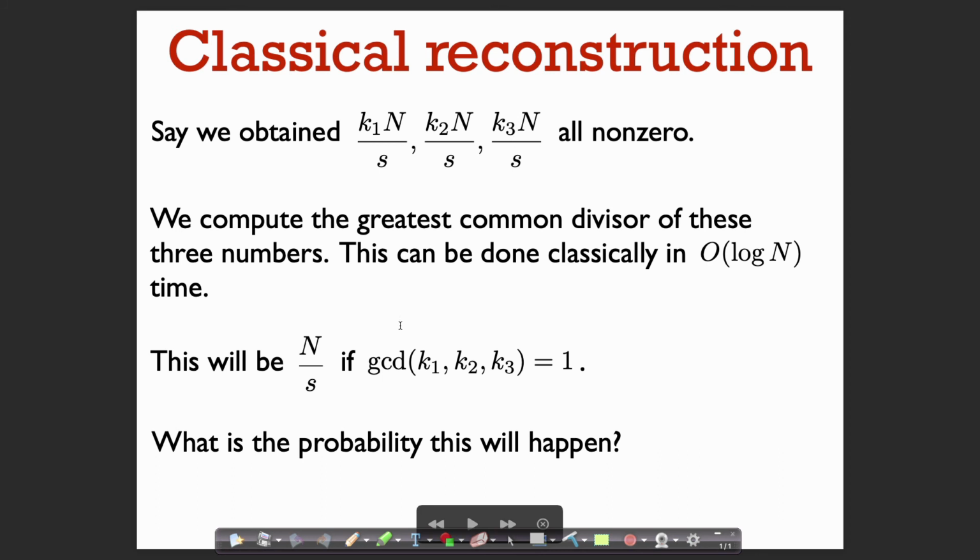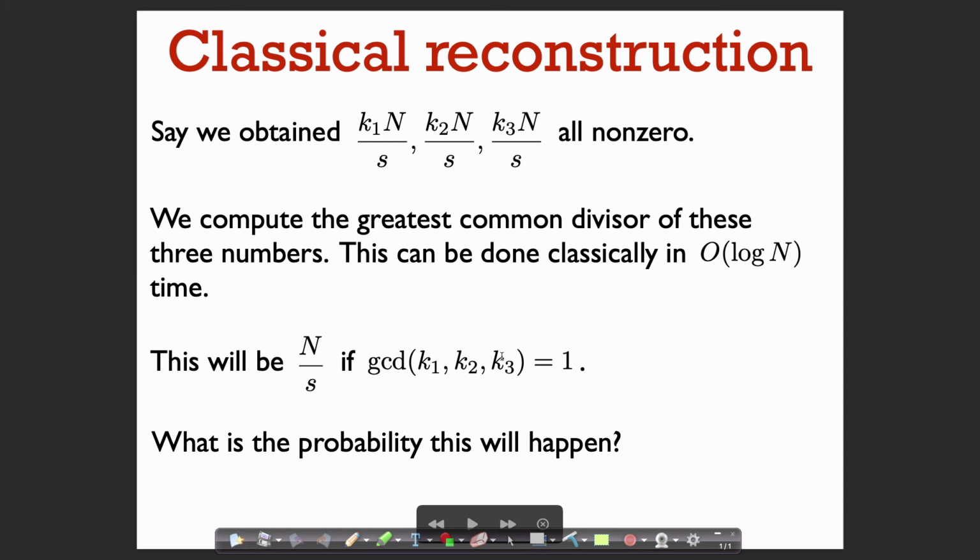Okay, so basically we're in the good case if these 3 random numbers between 0 and S minus 1, K1, K2, K3, well, we don't actually see them, but they're implicit in these numbers that we do see. But if the greatest common divisor of K1, K2, and K3 is 1, then we're done, right?